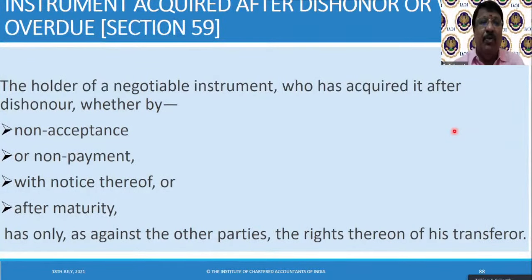In other words, where a bill of exchange is acquired after dishonor or after maturity, the person holding it is not a holder in due course. He only gets the rights of the person who transferred it to him. Whereas, if it is done before maturity, then the person obtaining it is a holder in due course. That is what it means.